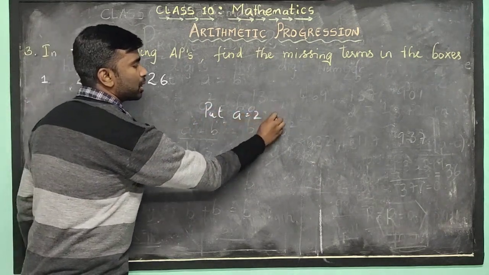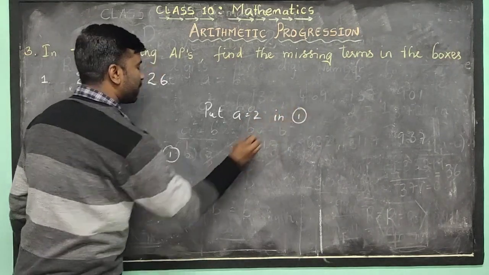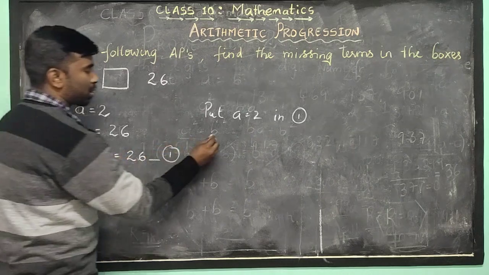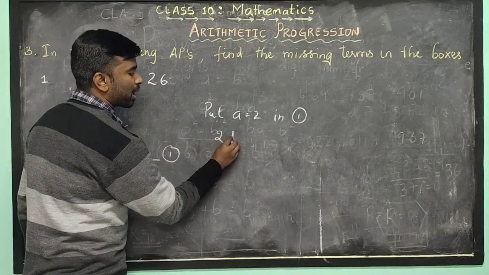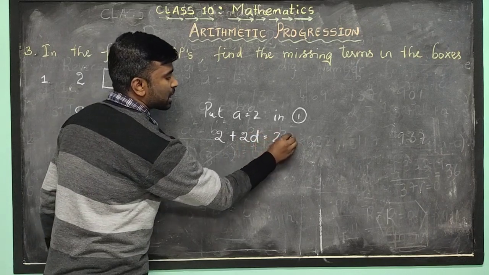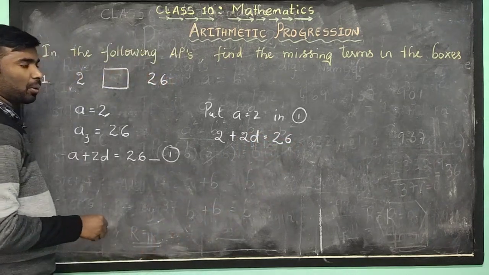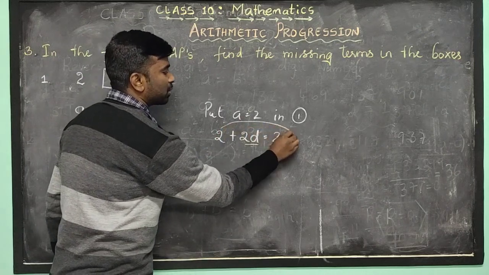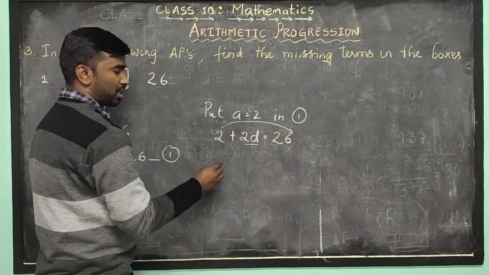Instead of A, I should substitute 2. So equation 1 becomes 2 plus 2D equals 26. Now we should find out D, so I'll shift the second term to the RHS.